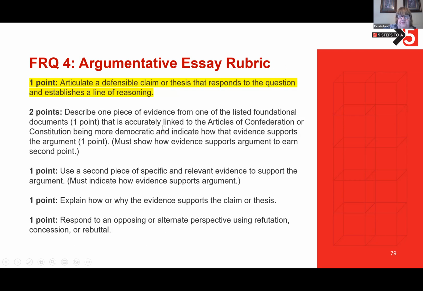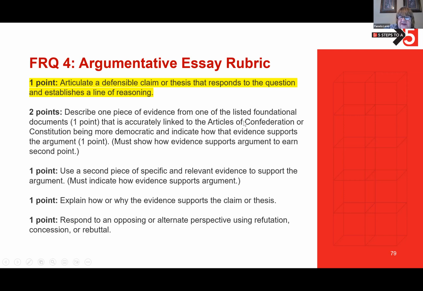Okay, so 1 point for the defensible claim and the line of reasoning. 2 points for evidence from one of those documents. A second point if you tie that document to how your evidence supports the argument.